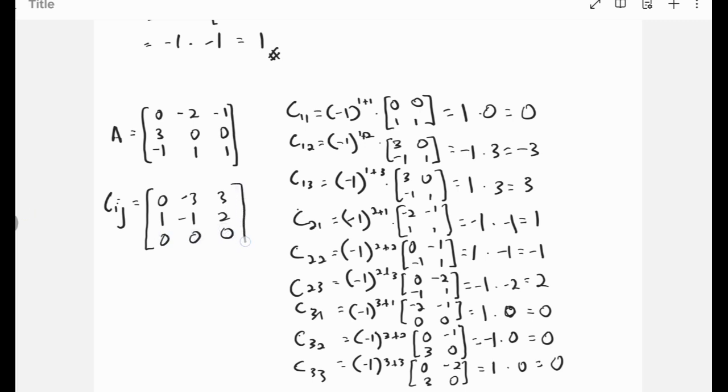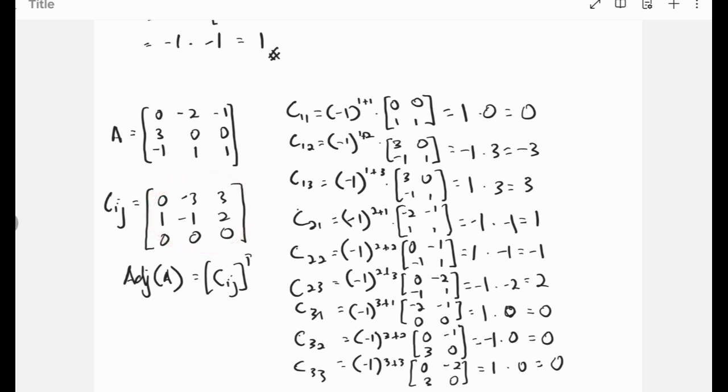This is the cofactor, and for us to find the adjoint later on to use in the inverse formula, we need the transpose of the cofactor matrix. So for this cofactor matrix, we need to change row to column, column to row.